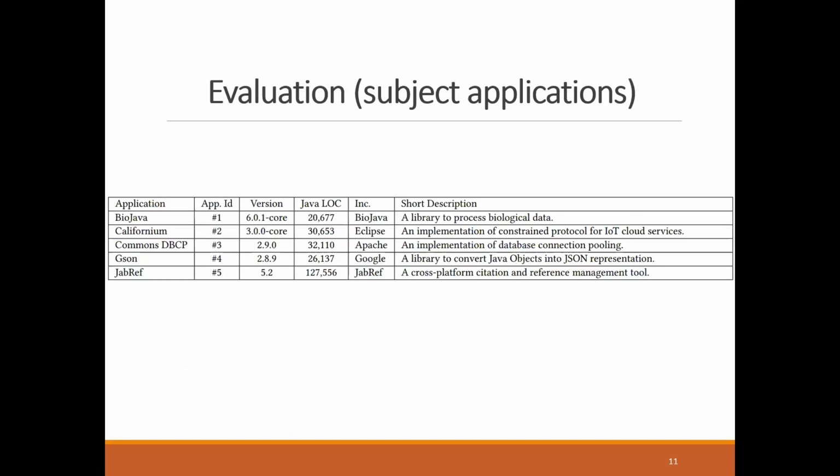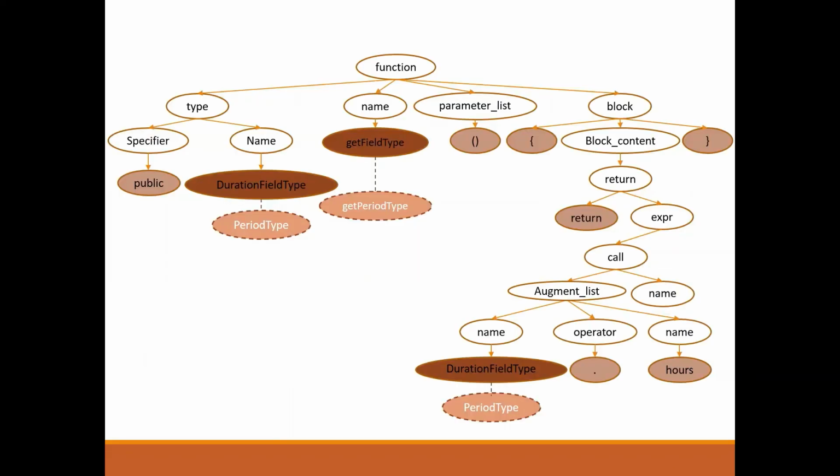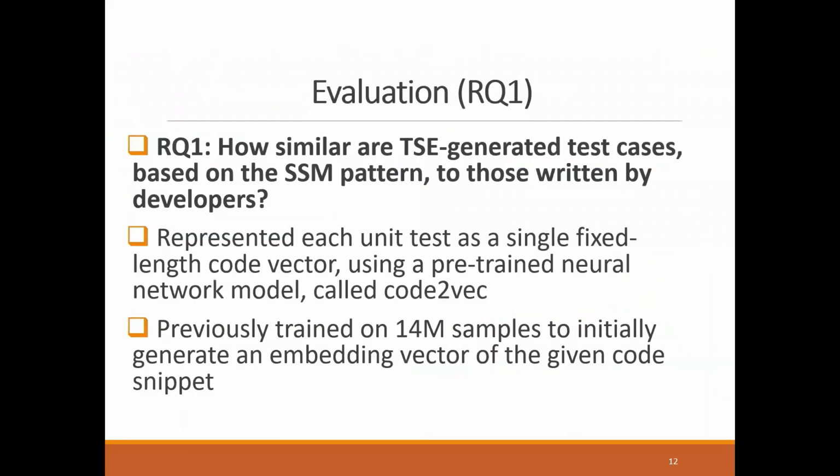These are the subject applications where we applied our research questions. So our first research question was how similar TSC generated test cases are compared to the test cases that are written by actual developers. In order to evaluate this, we took the methods that originally have test cases.